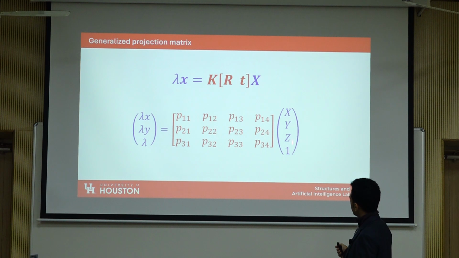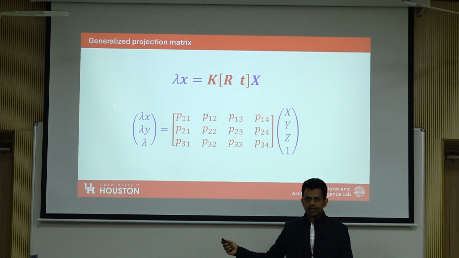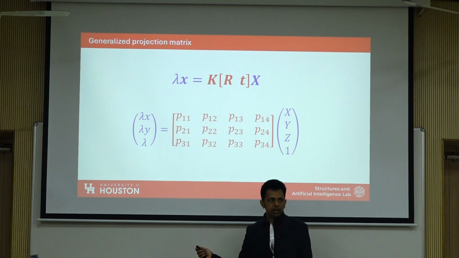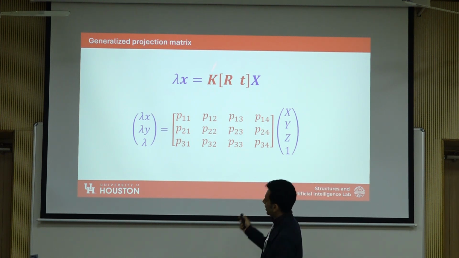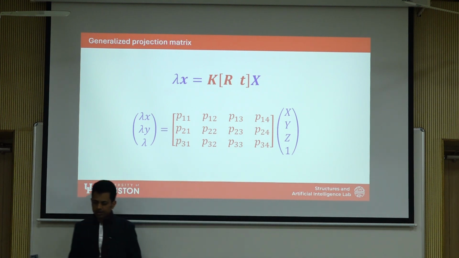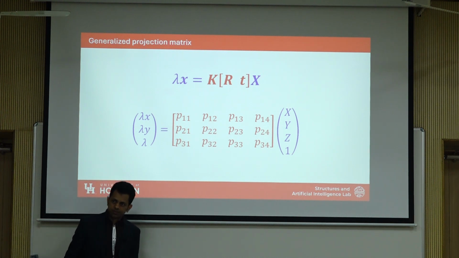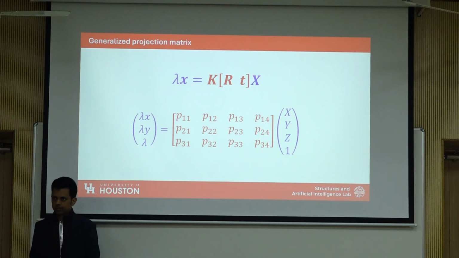Here I have my real world points, and then here I have my image points. So in the most general case, I want to figure out all of these 12 numbers. In specialized cases, I can figure out T, R, and K. So how do I set up a problem to where I can figure out what these numbers are? P11 to P34. How do I do that?